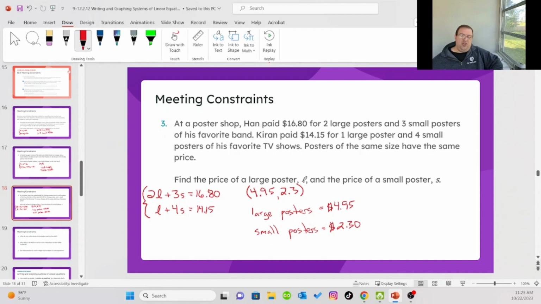So again, you need to understand how to write the equation. You need to understand how to type those into your Desmos calculators. You need to understand how to find the point where they cross, because that's the only point that makes them both true. And then you need to understand how to turn those point pairs into what it represents in context.